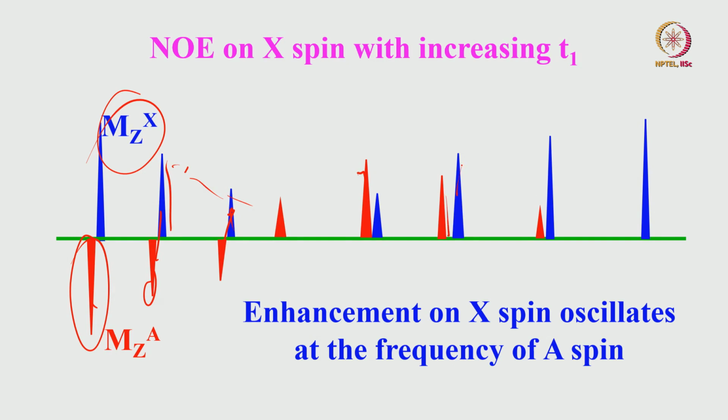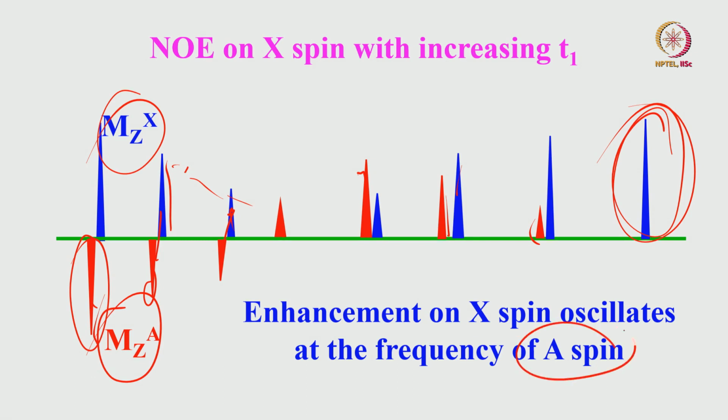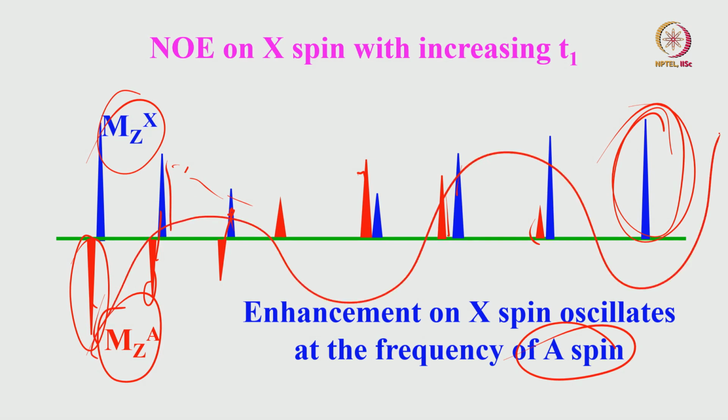Finally, A goes completely to minus Z, then to the Z axis, and gives all its magnetization to X. The red A spin gives to the blue X spin. It follows a trajectory and oscillates. The X spin enhancement oscillates at the frequency of the A spin. A spin magnetization comes down, goes up, comes down, goes up like this. The magnetization keeps coming down, does not go negative, and oscillates at the frequency of the A spin.